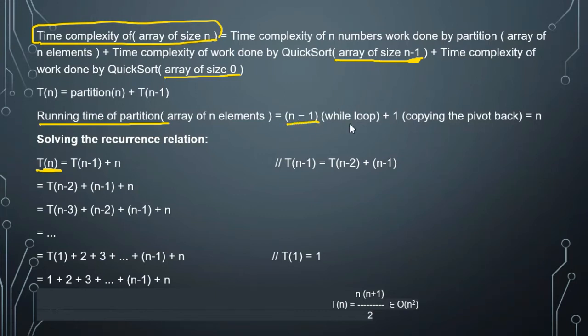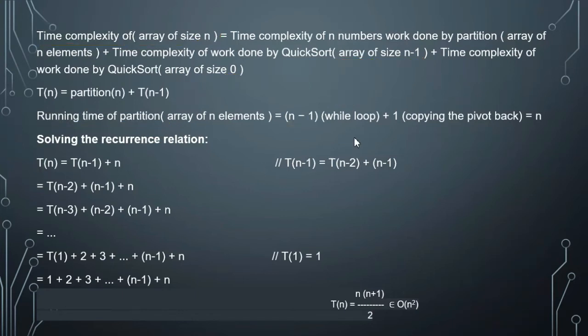The subarray is divided as 1 was first chosen as the pivot, then 2 was chosen as the pivot, so it works on that process. Then plus copying and pivot, as we choose the first element as the pivot, this is equal to n, because it will run n times on the array.